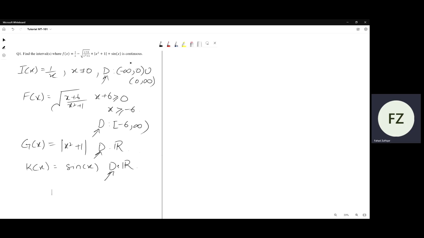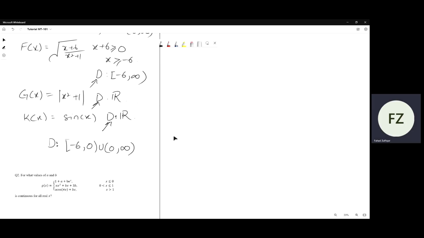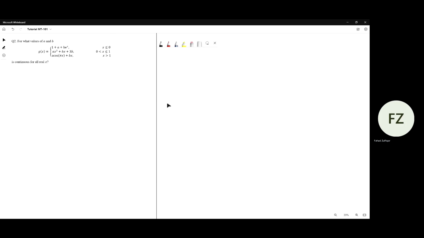That common domain comes out to be minus 6 to 0, because 0 is not included in 1 by x, union 0 to infinity. So this is the common domain for which this entire function, the combination of these 4 functions, will be continuous. We'll move on to the next question, question number 2.